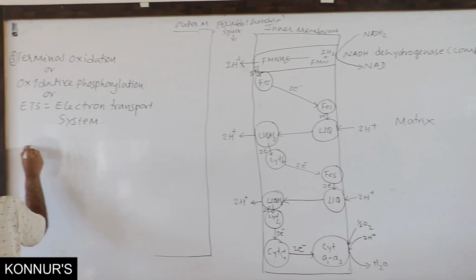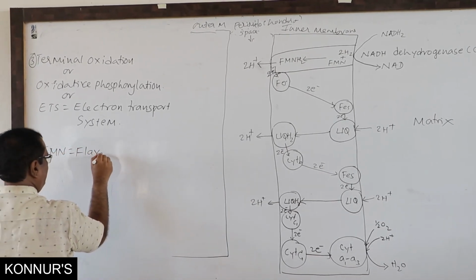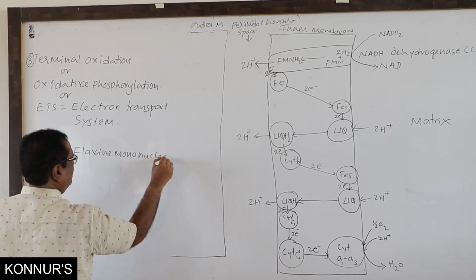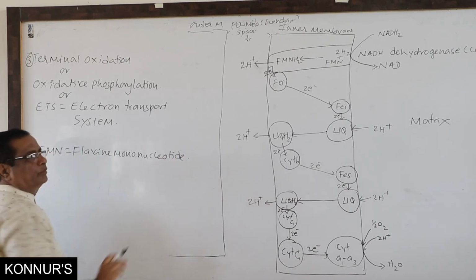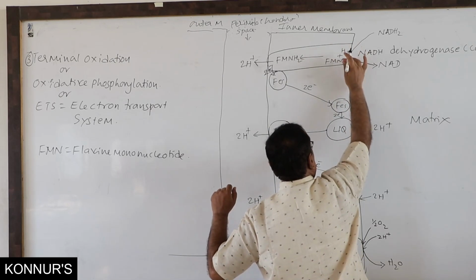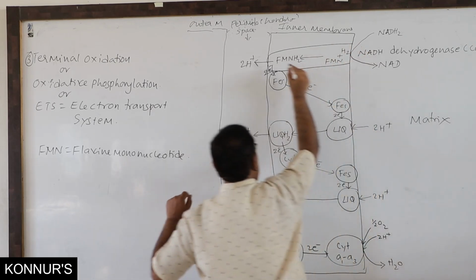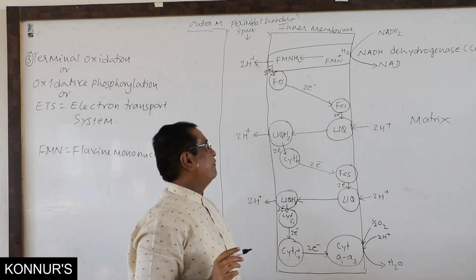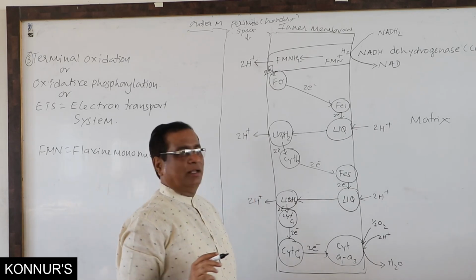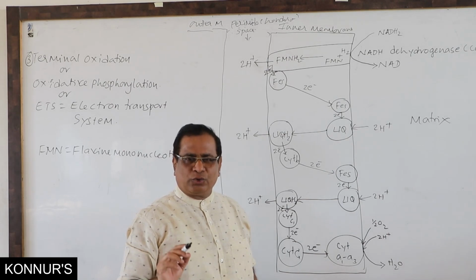What is FMN? That is flavin mononucleotide. It gets hydrogen, it gets H2. When FMN gets H2, it becomes reduced FMN, FMNH2. And remember, flavin mononucleotide is a hydrogen acceptor.